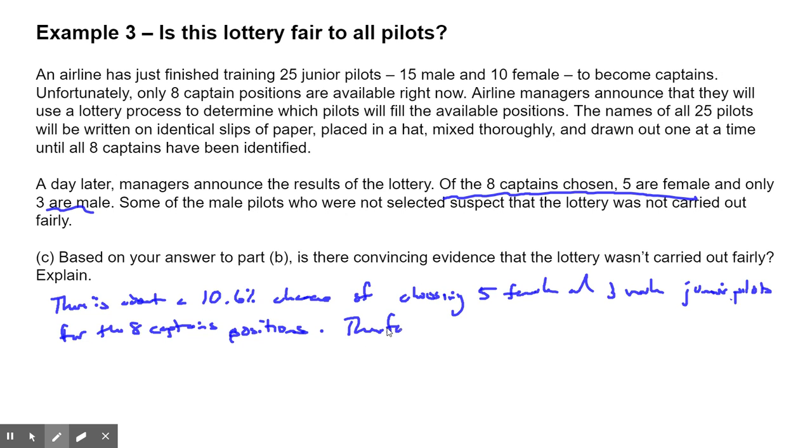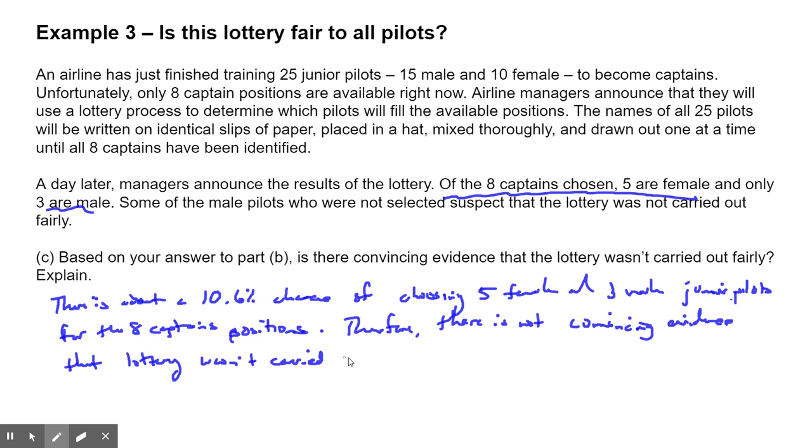Therefore, there is not convincing evidence that the lottery wasn't carried out fairly.